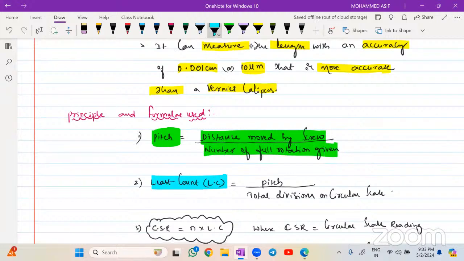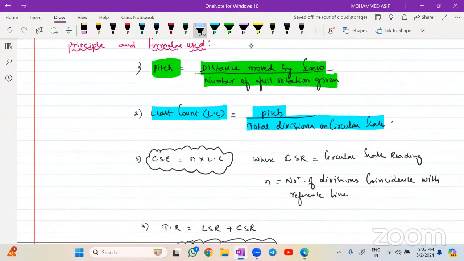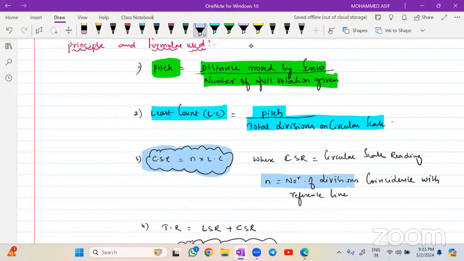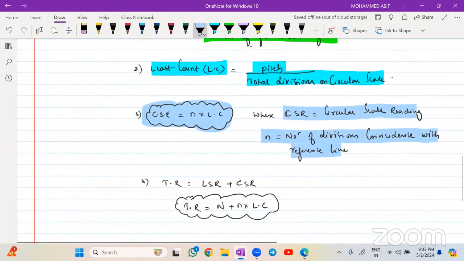Now, how do you calculate the least count? Least count is equal to pitch divided by total divisions on the circular scale. Then how do you write the circular scale reading? Circular scale reading is equal to n into least count, where n is the number of divisions coinciding with the reference line, and CSR is the circular scale reading. The next one is very important.